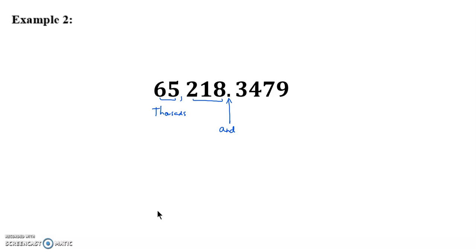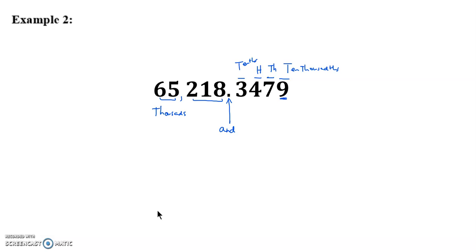So we go through and we say, okay, this is the tenths, then the hundredths, then the thousandths, and last the 10,000ths. I need to read these 4 digits as though they're on the whole number side. So it's 3,479, but I read it in my last position for the naming of it, 10,000ths.